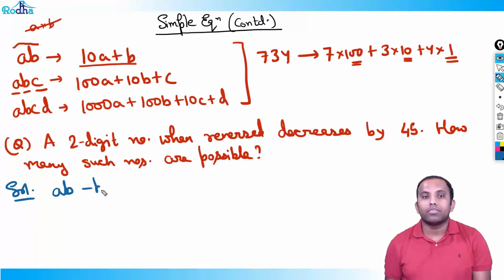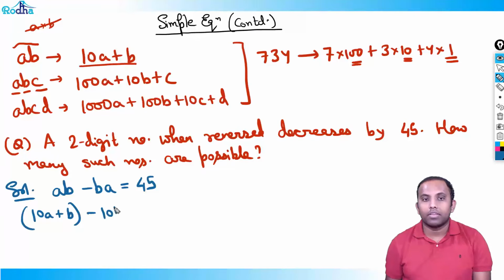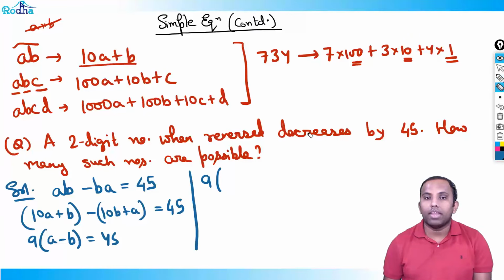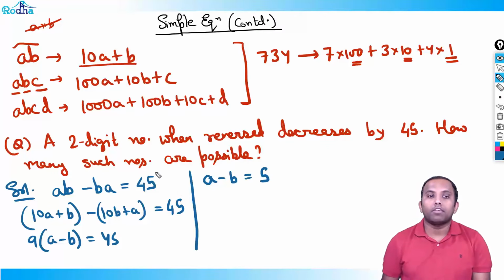Its reverse is BA, and the difference is 45. So 10A plus B minus (10B plus A) is equal to 45. So 9 into (A minus B) is equal to 45, and the equation becomes A minus B is equal to 5.